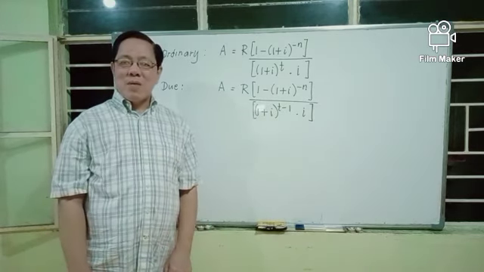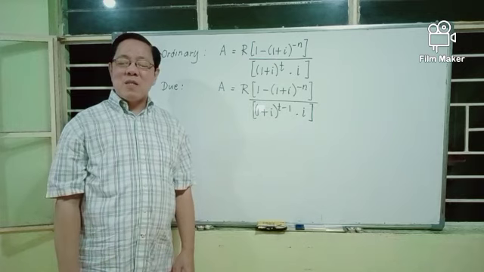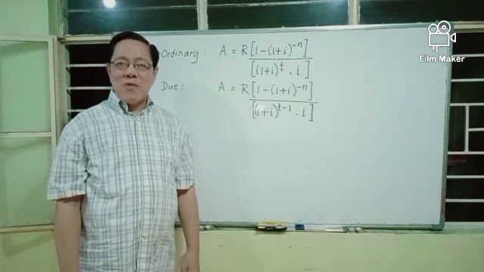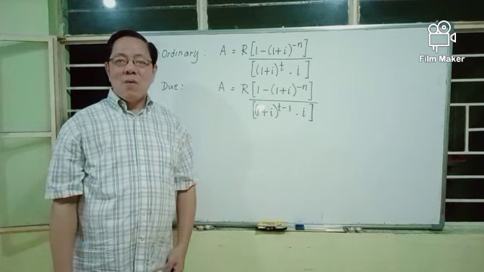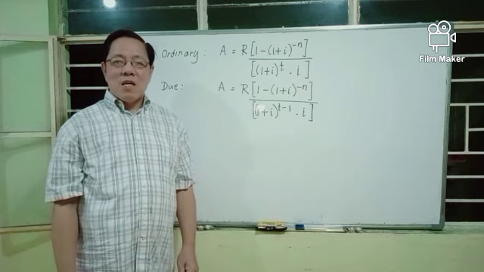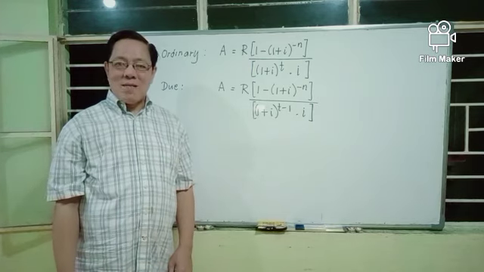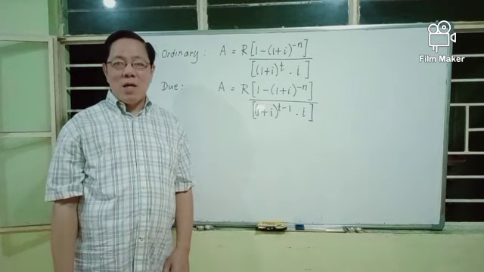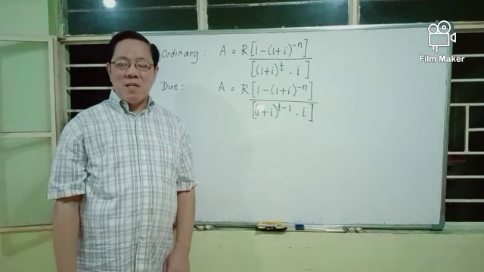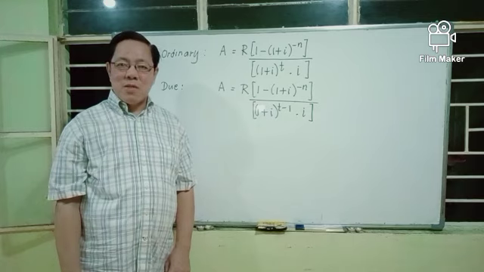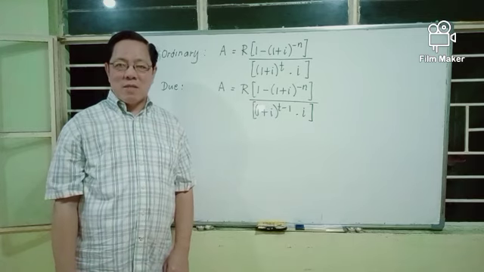Now, in deferred annuity, the first payment is deferred or delayed for some periods or for some intervals. If the regular payments are made annually, yearly, or each year, the first payment in deferred annuity is deferred or delayed for some years.